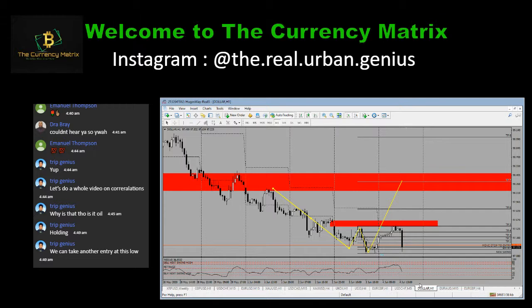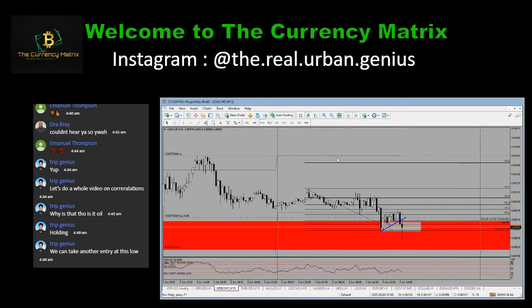And notice how here on the dollar, we also have not broke structure. So notice how we still have not broke structure here on the dollar either.